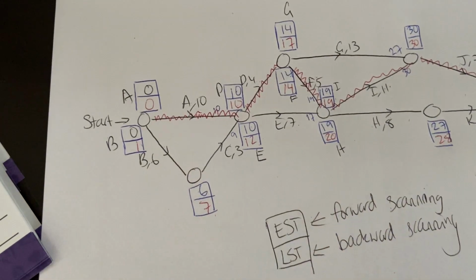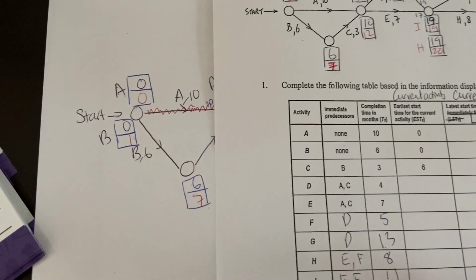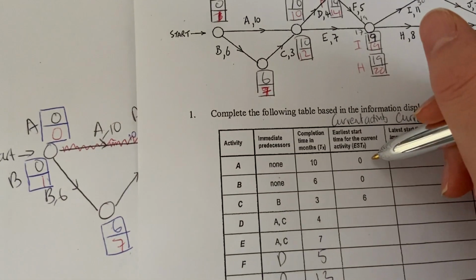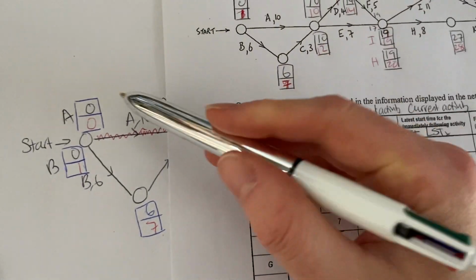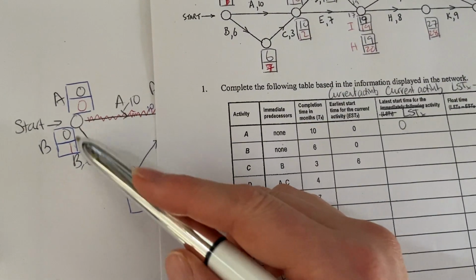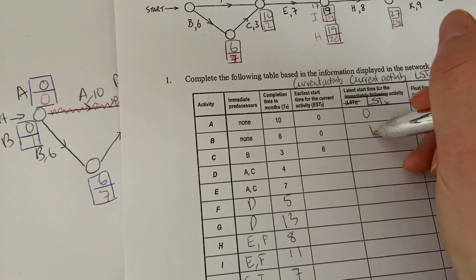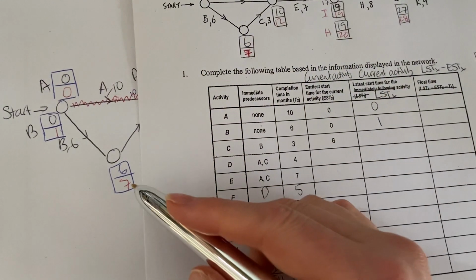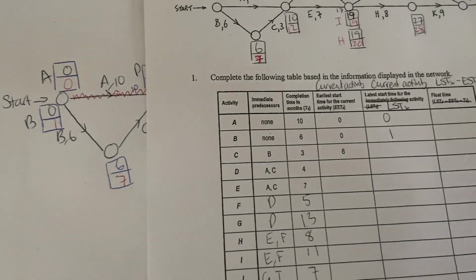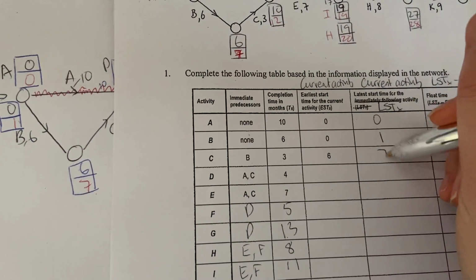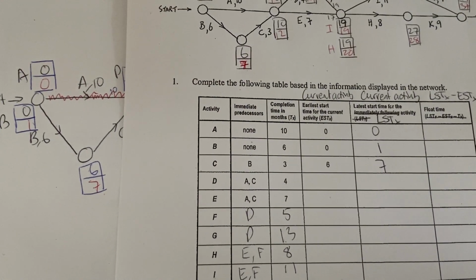Okay, so A has 0, 0. 0 at the top, 0 at the bottom. B has 0, 1. C, let's see, 6, 7. Moving across.